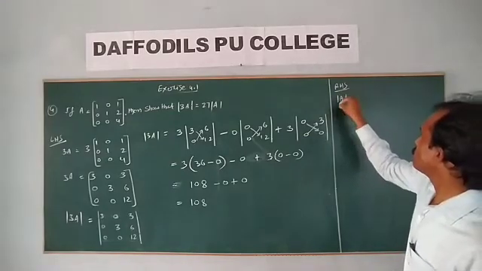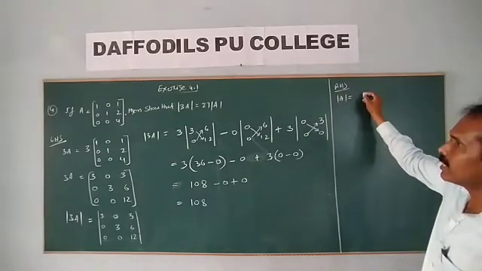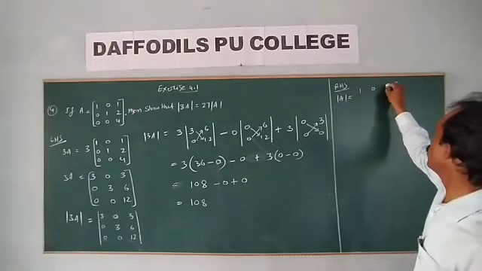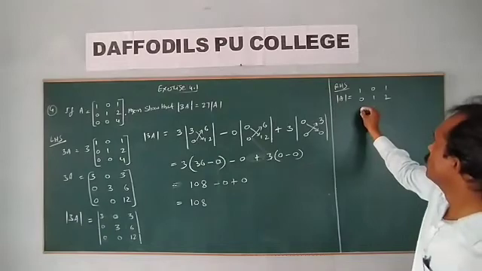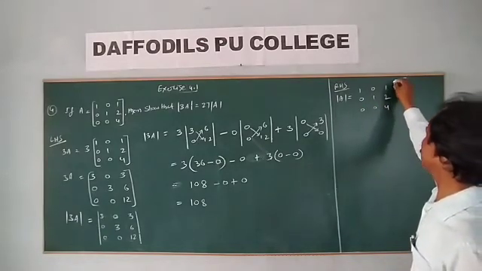Det A value. The determinant of [1, 0, 1; 0, 1, 2; 0, 0, 4].